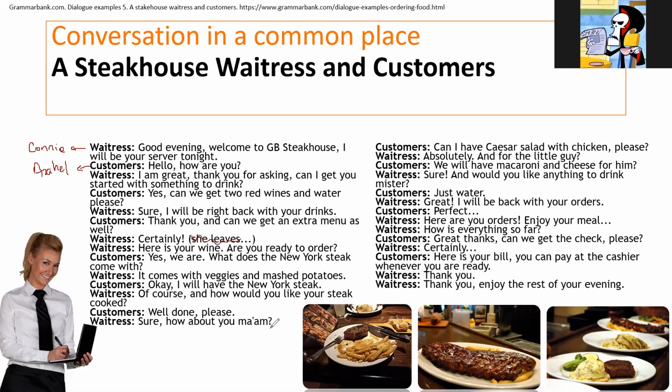How about you, ma'am? Can I have a Caesar salad with chicken, please? Absolutely. For the little guy? We will have macaroni and cheese for him. Sure. And would you like anything to drink, mister? Just water. Great. I'll be back with your orders. Perfect.